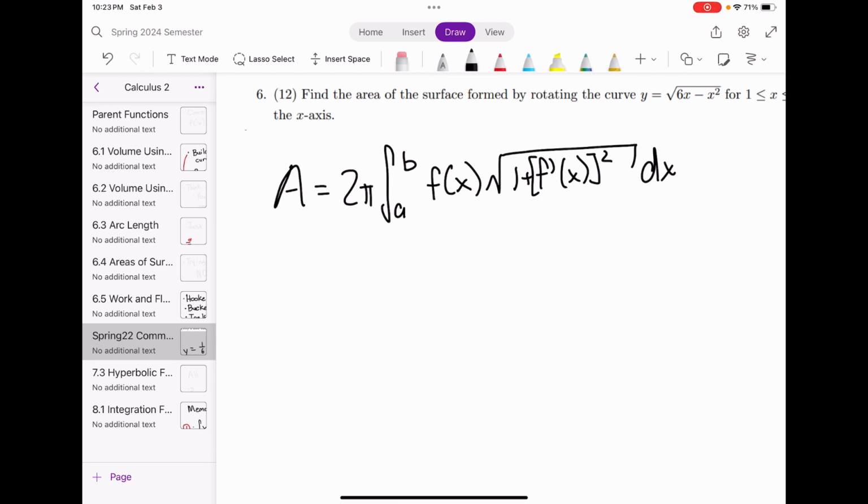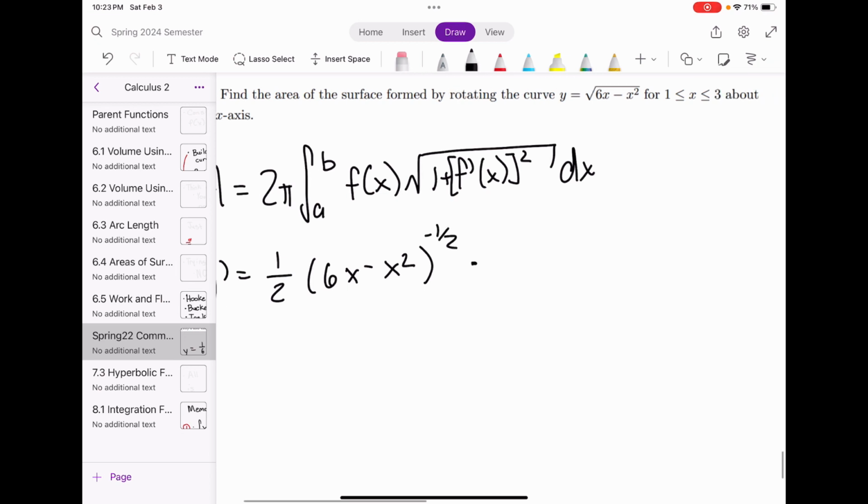So let's do the same exact method that we did for the arc length here as well. So y prime is equal to 1/2. I'm going to put 6x minus x squared to the negative 1/2 now, times, and let's put the inside derivative, which is 6 minus 2x.